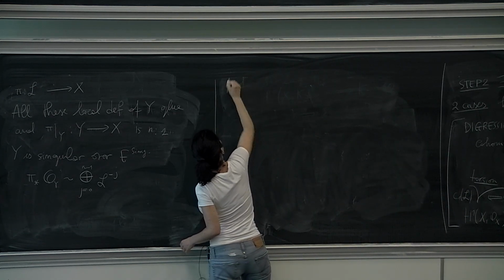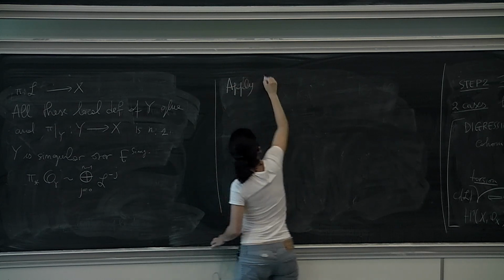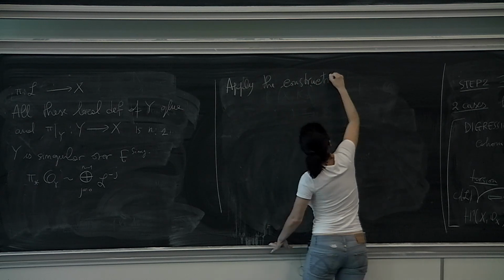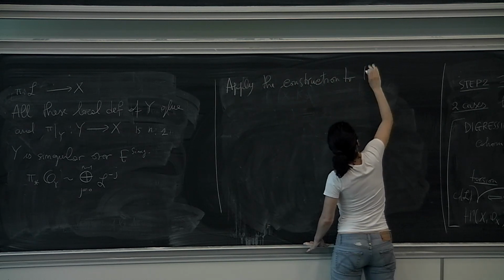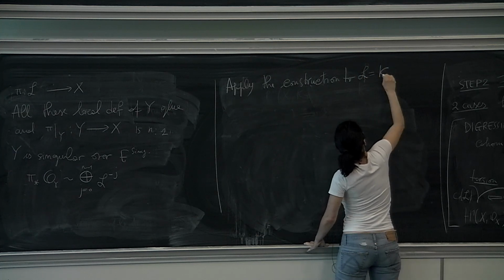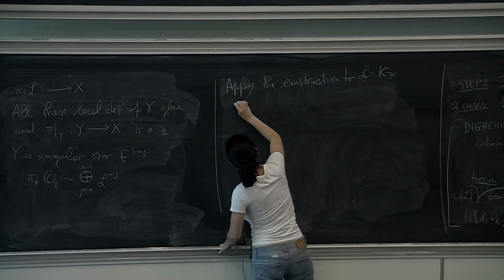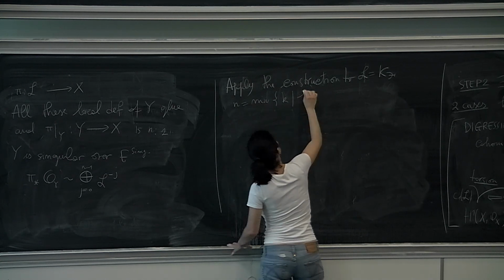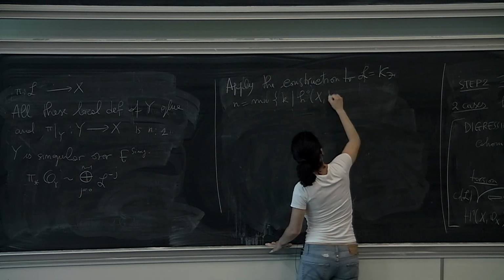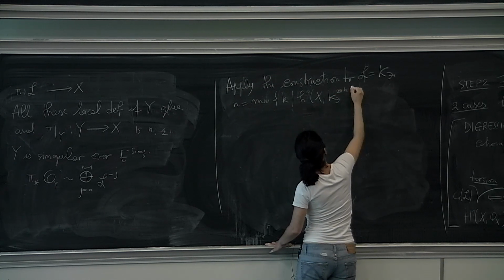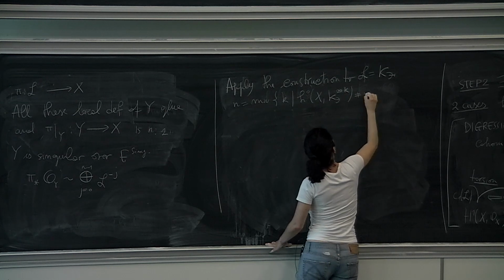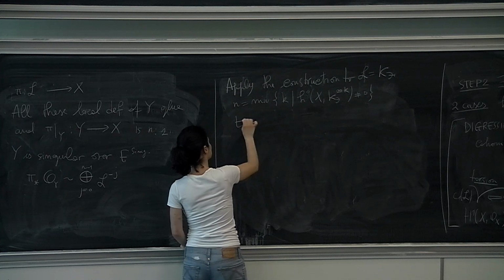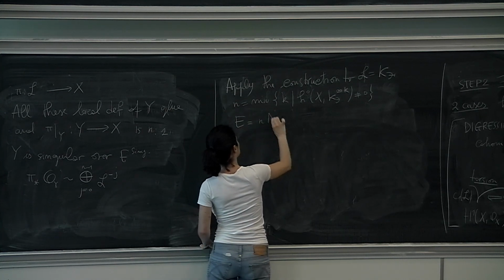So we will take n the smallest such that K_F to the n has global sections, and E is n.